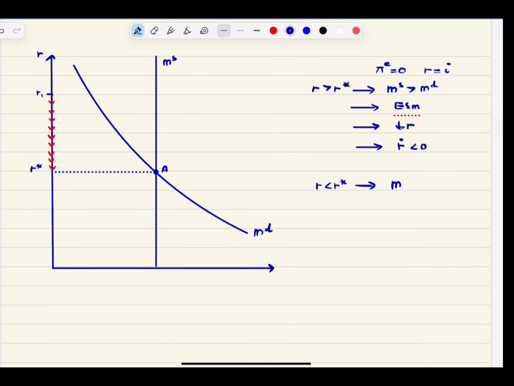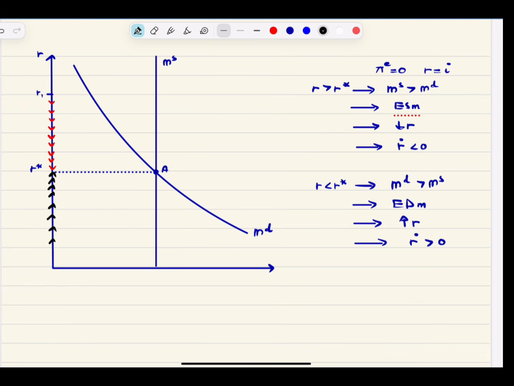So when money demand exceeds money supply, we have a scenario in which there is an excess demand for money, and we've just discussed how through the bonds market this would lead to a rise in the interest rate, which means that R dot is greater than 0. So basically the economy converges back to R star if it deviates.